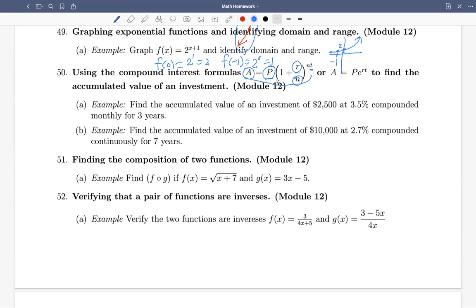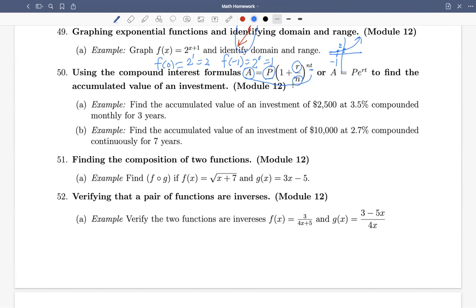Interest can be compounded yearly. That means N equals 1. Can be compounded semi-annually. That means N equals 2. Can be compounded monthly. Compounded means the interest is calculated, then the interest will be added to your principal. So the interest becomes your principal. That means compound.